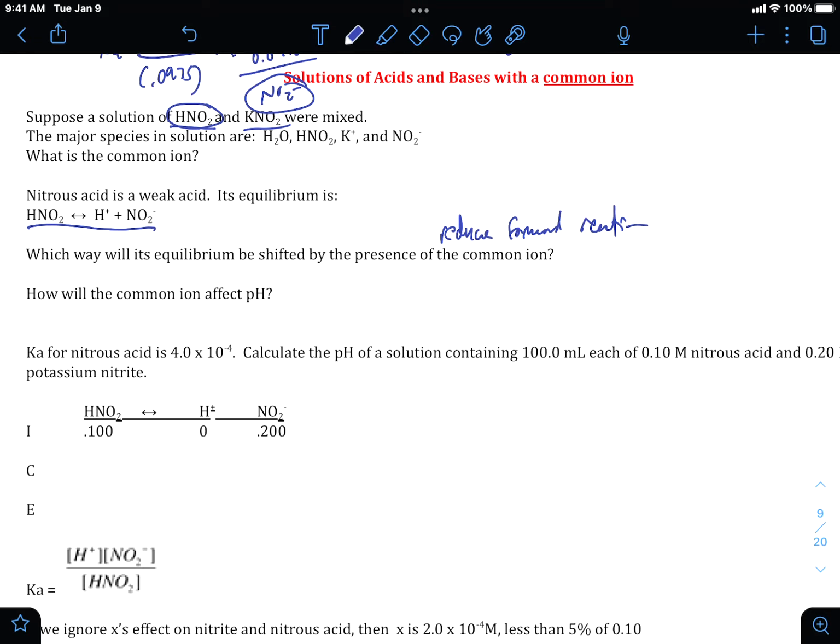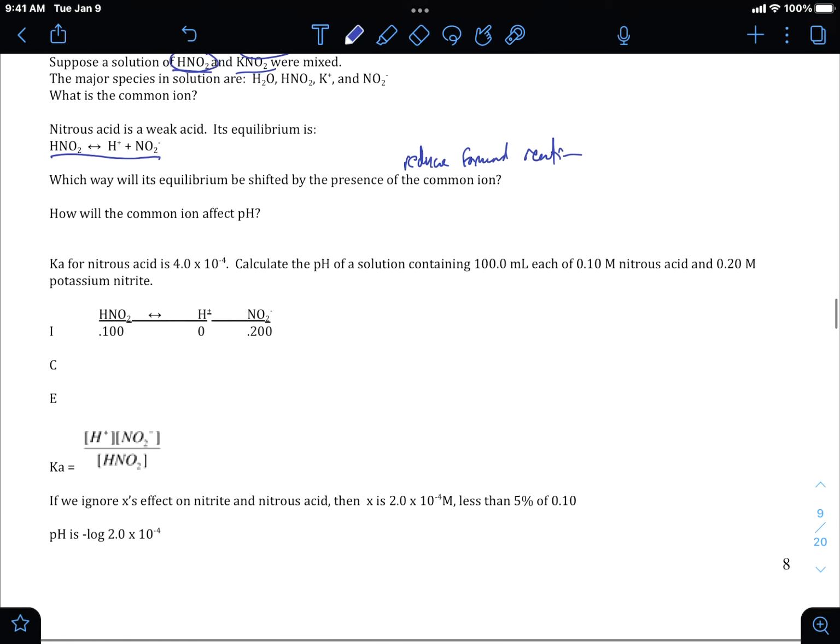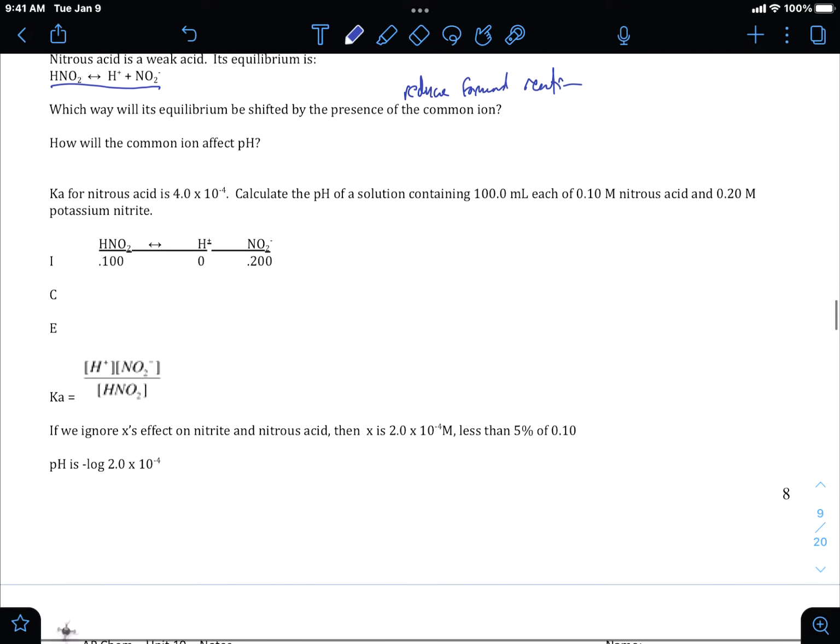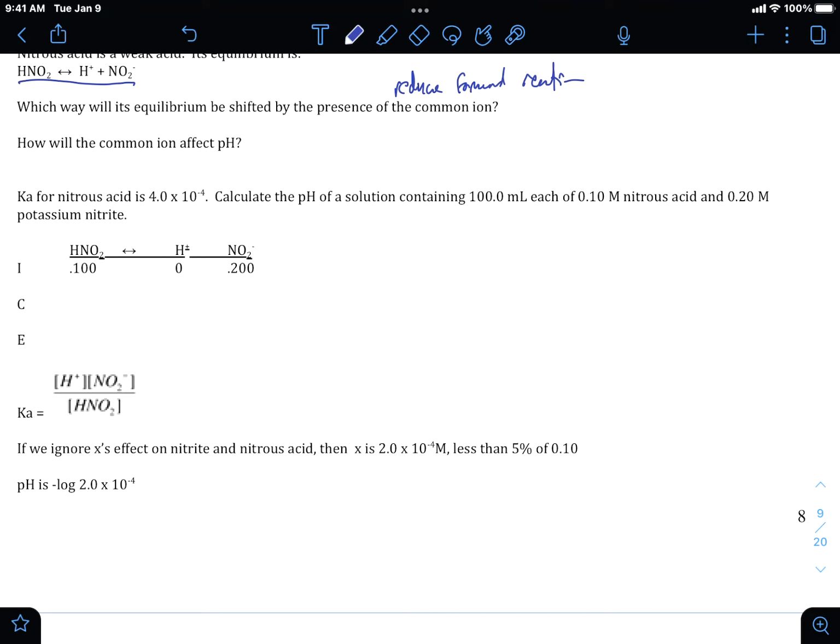And how will this affect pH? Let's carry this calculation so we can answer that question. Here's our table. Because we have a 0, we know that something must proceed to the right. Our expression is going to be the same as you expect, products over reactants.